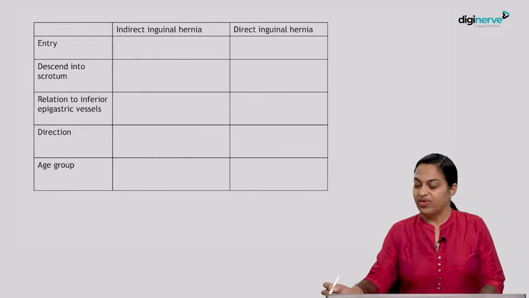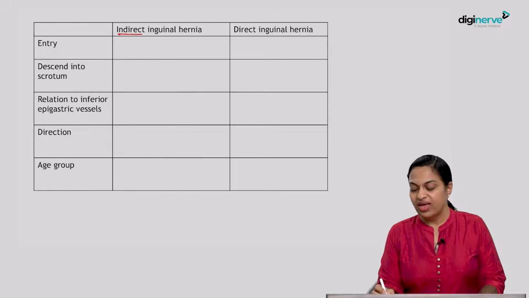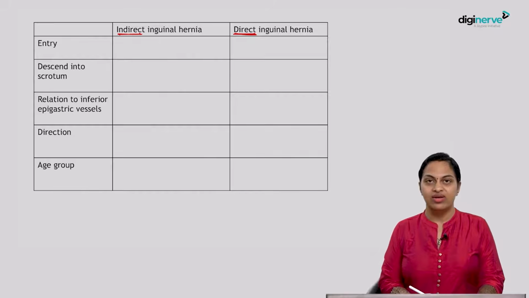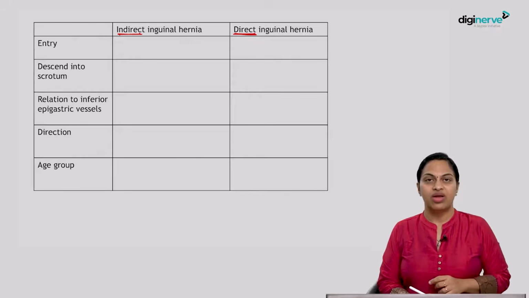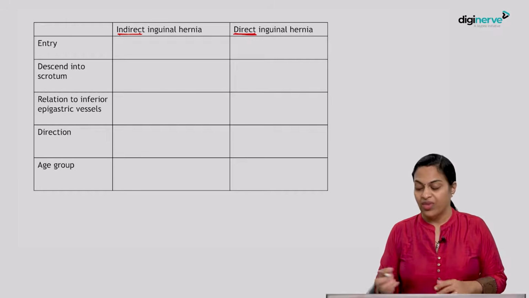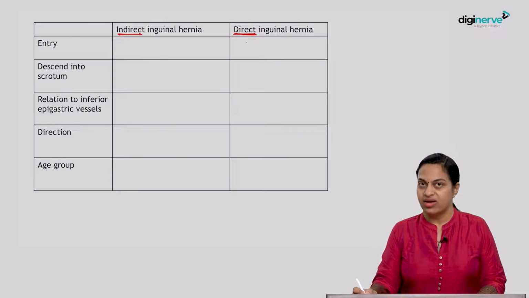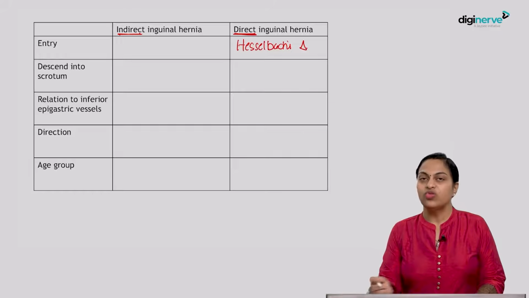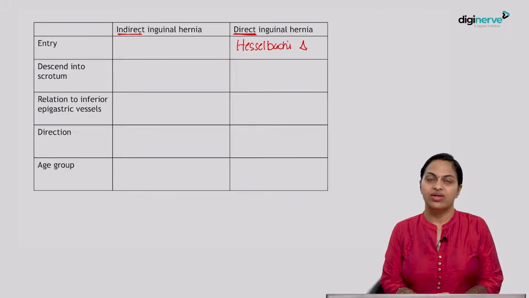Now, we have to know two terminologies: indirect inguinal hernia and direct inguinal hernia. In direct inguinal hernia, the intestinal contents enter the inguinal canal through Hesselbach's triangle, which is related to the posterior wall of the inguinal canal.